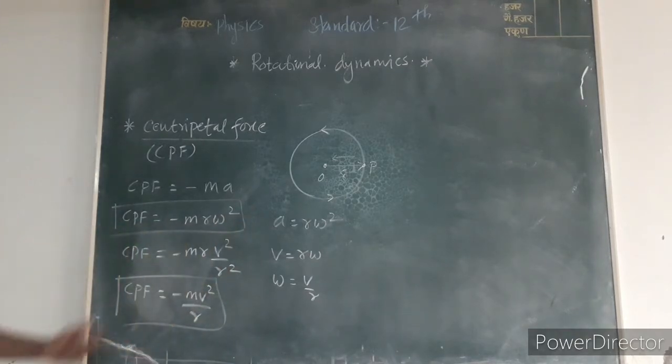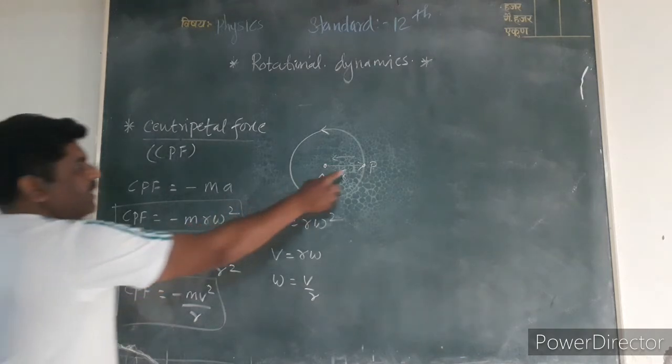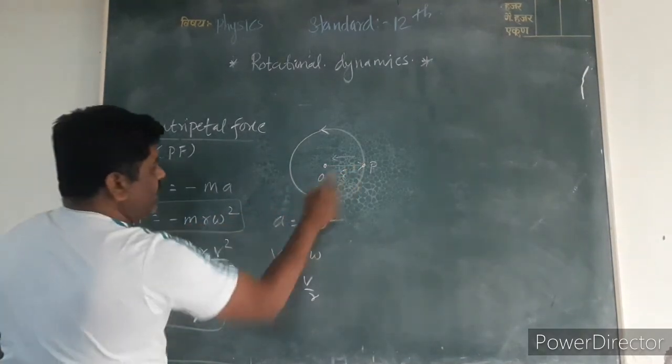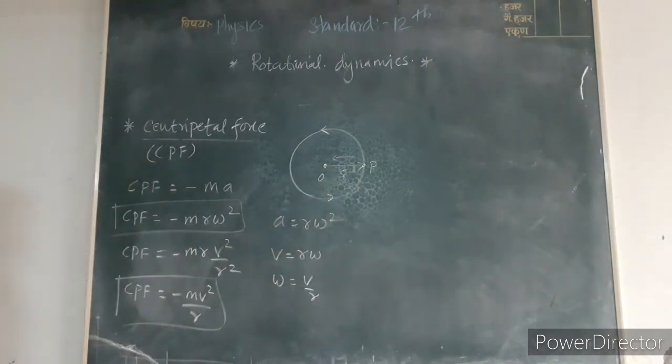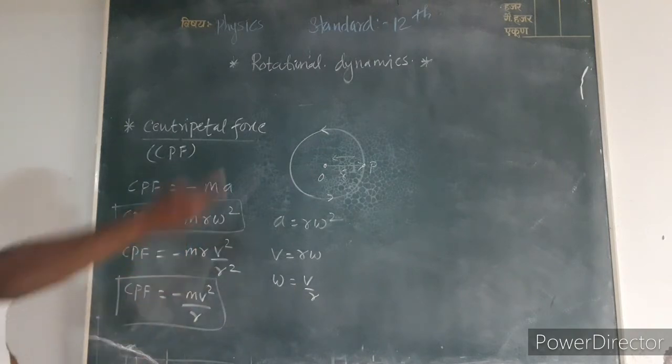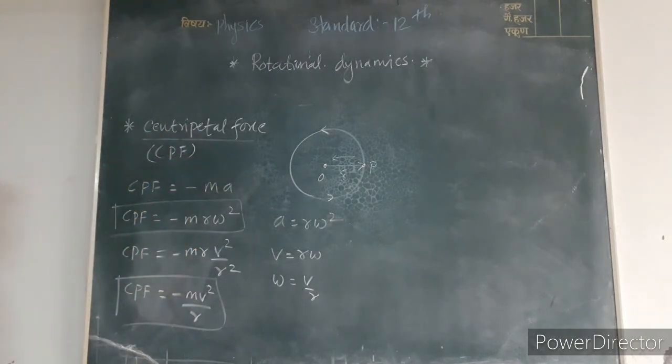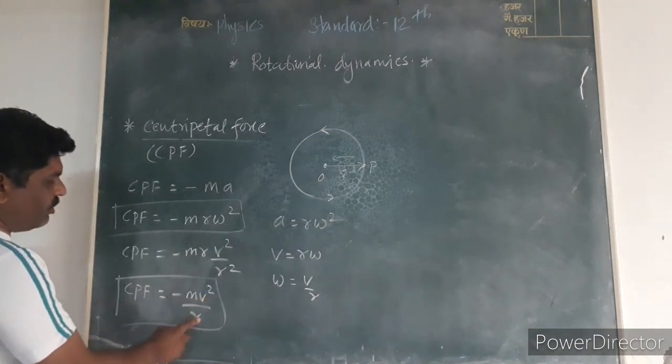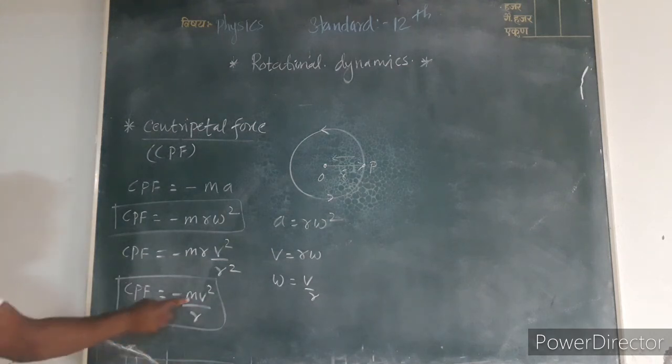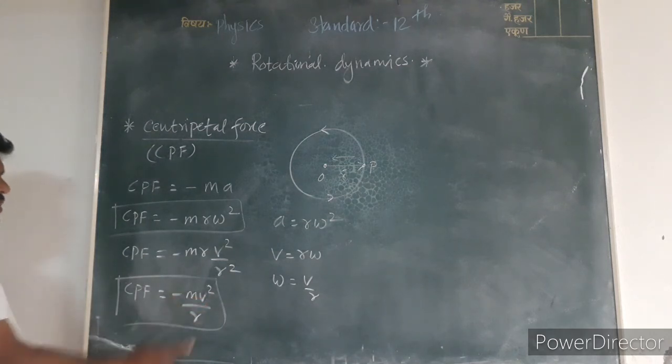The first formula is minus m r omega square, where m is the mass of that particle, r means radius vector, and omega means angular velocity of that particle. Also in this formula, CPF is equal to minus m v square upon r, where m is the mass of the particle, v means velocity of the particle. This is the centripetal force.